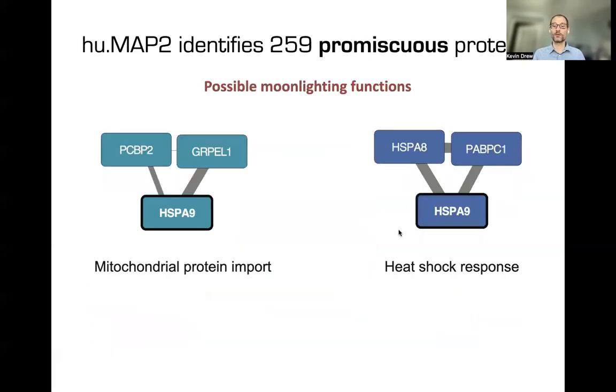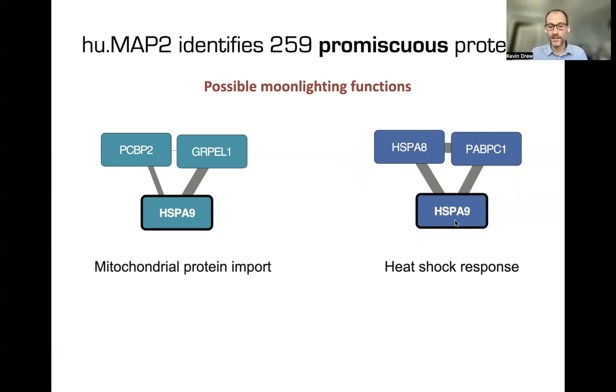Another really exciting thing that we've been able to find in our map, and something that we really weren't able to with previous maps, but now we can because we have a high level of accuracy and comprehensiveness, is to go looking for promiscuous proteins. These are proteins that are participating in multiple different complexes. This is exciting because we can start to find moonlighting functions. An example of one of these is HSPA9.